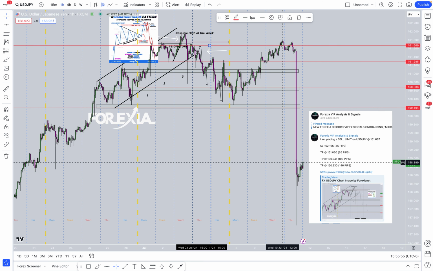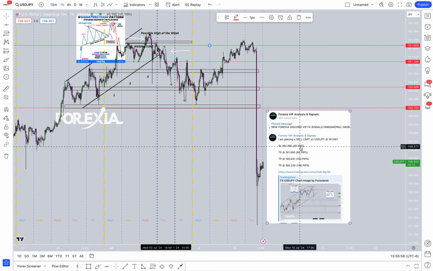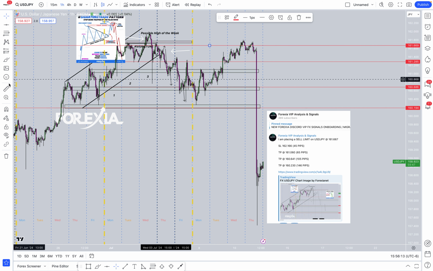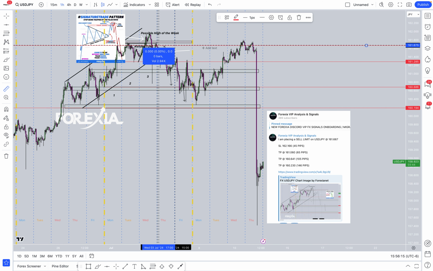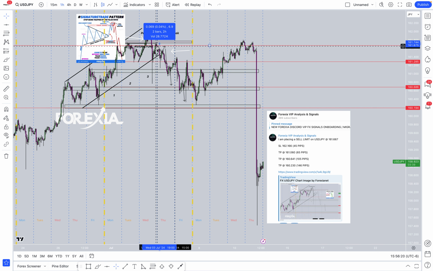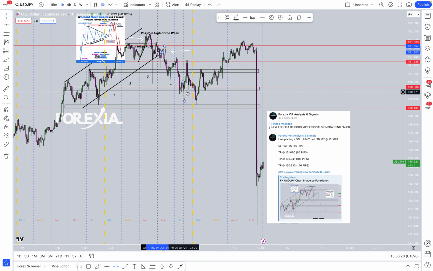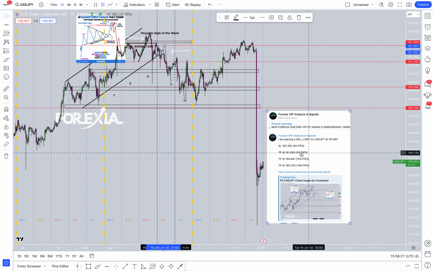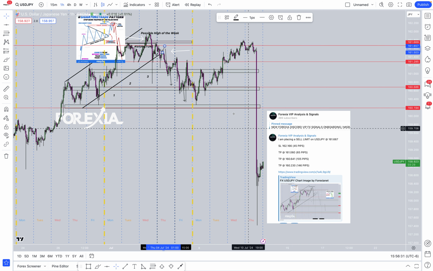We had a 45 pip stop loss, which was a bit excessive because we had practically a perfect entry. As you can see, with our entry right here, we initially had about 7 pips of drawdown, and then both of our first two take profits were hit, at 65 pips and then 105 pips.